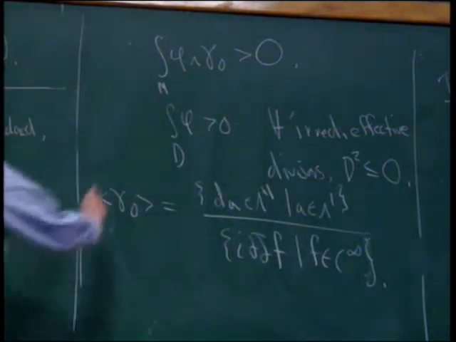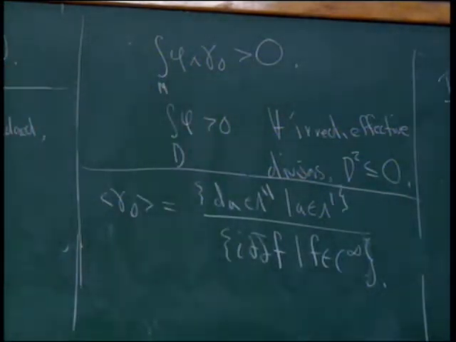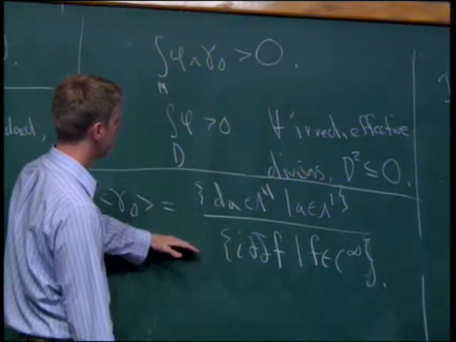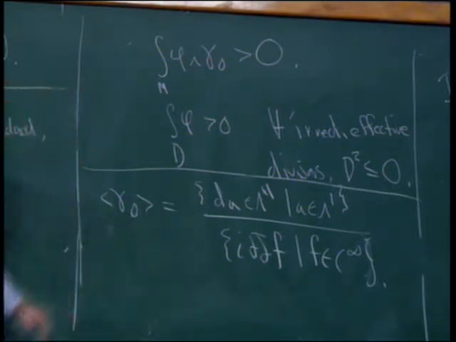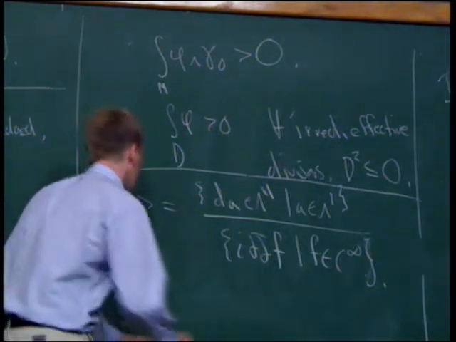So gamma is measuring the failure of the dd bar lemma. Okay, so we're not in the Kähler situation anymore. In the Kähler situation, of course, this is 0. That's exactly what the dd bar lemma says. But in this non-Kähler situation, it's no longer 0.